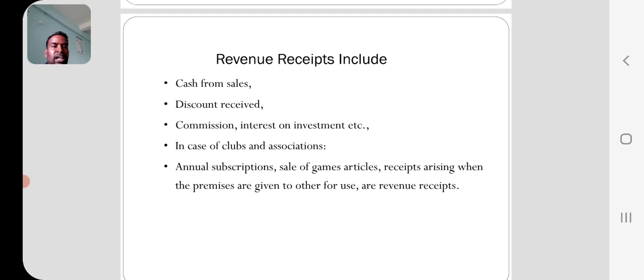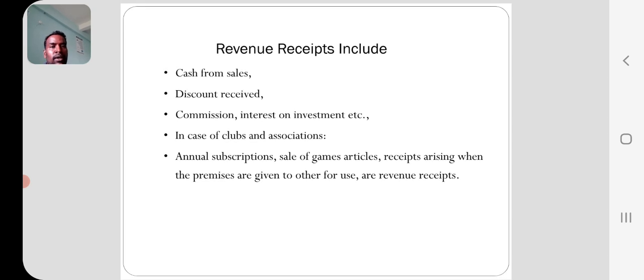Selling means current goods, small goods, not selling the fixed assets. If we sell the machine or some building, that receipt comes under capital receipts. But selling the goods comes under revenue receipts.